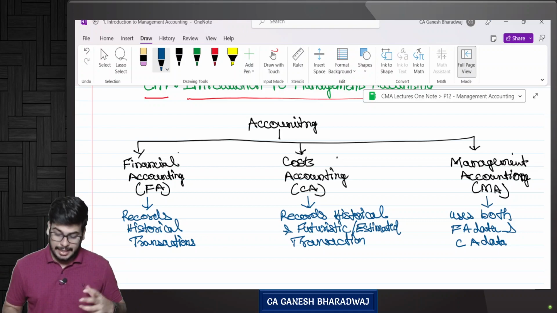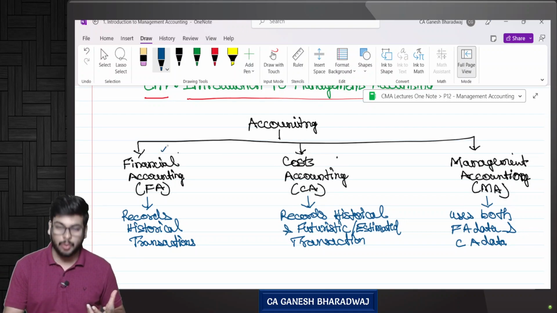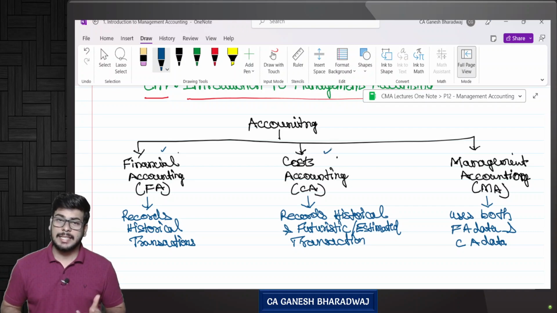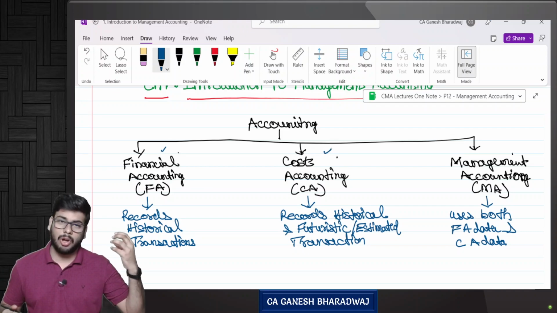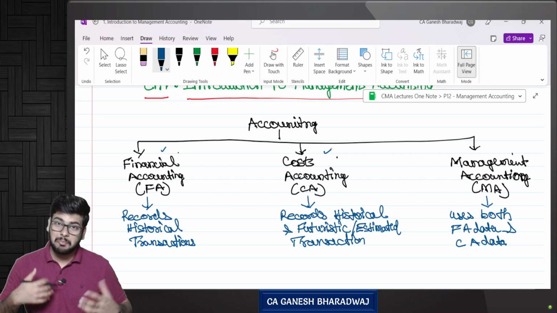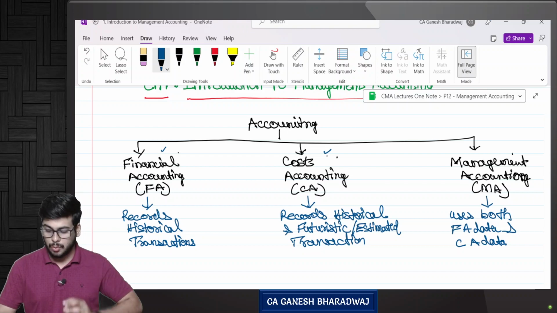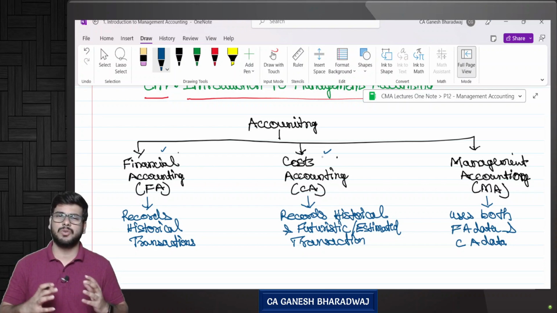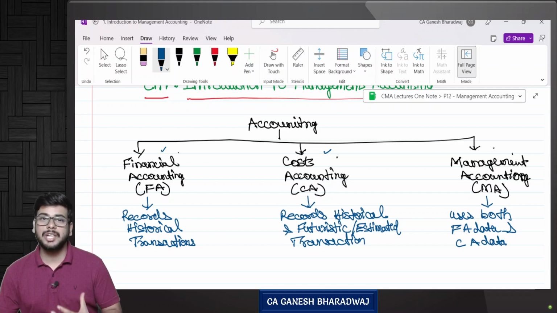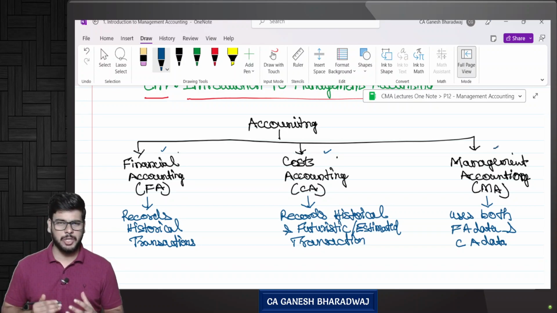It uses the data utilized by financial accounting. It also utilizes the data used under cost accounting. That is, all the historical transactions, future transactions, not just that. The reports presented under financial accounting, the reports presented under cost accounting, all of this are considered in this branch of accounting called management accounting.